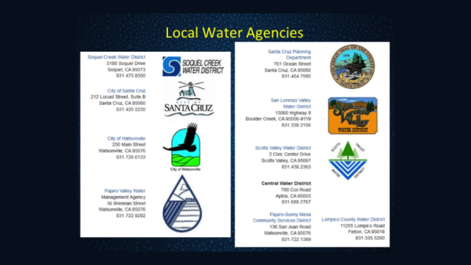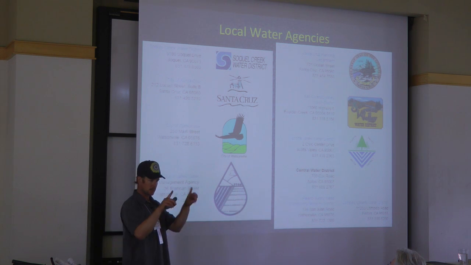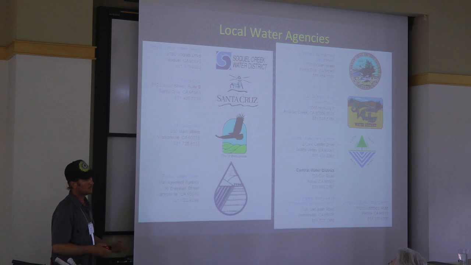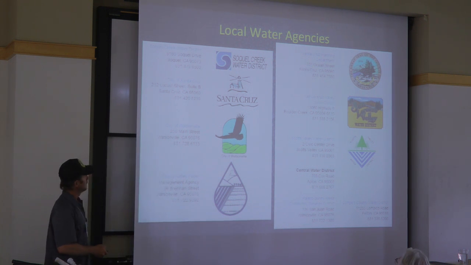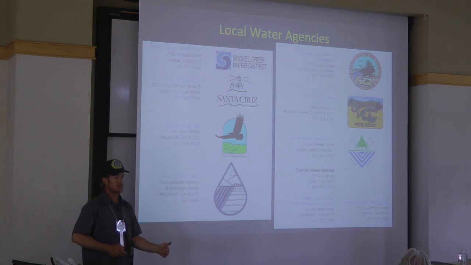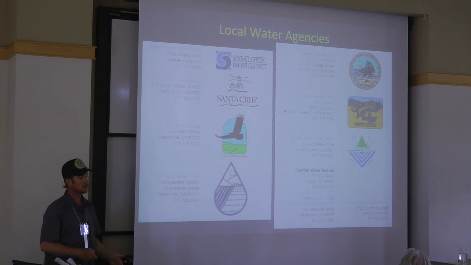Here are our local water agencies. Just in case you're not familiar with them, you should definitely know who your water purveyor is for a number of reasons. We happen to have 9 major water agencies. There's some smaller ones, but basically 9 water agencies in the county. I've always thought that's kind of interesting considering we're the second smallest county in the state. But here we are with 9 water agencies. And the sources of the water are quite different.